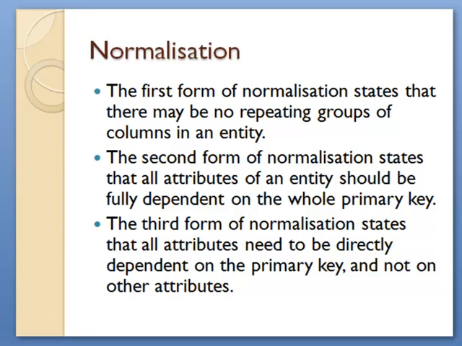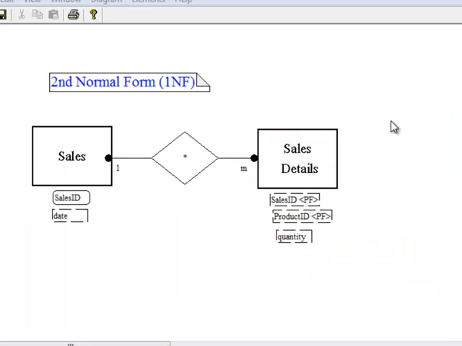The third normal form states that all attributes need to be directly dependent on the primary key and not on other attributes. Now this one is more tricky to see. What we need to recognize is that the picture we had just now wasn't actually quite right. This is what we had.